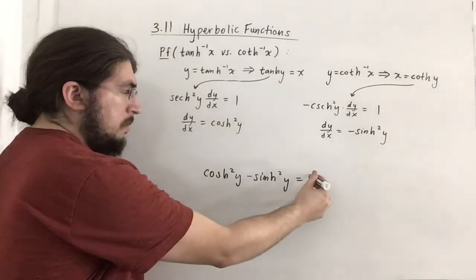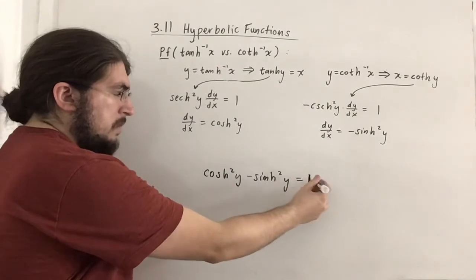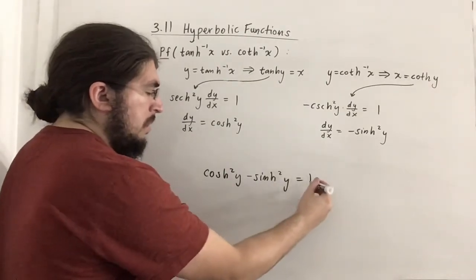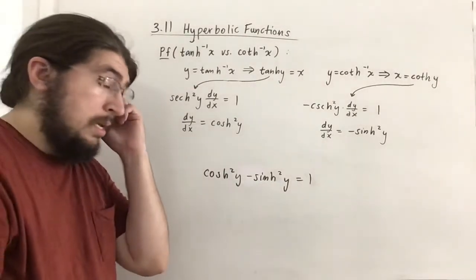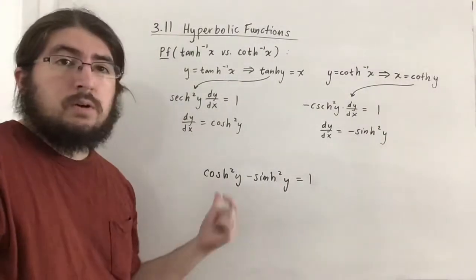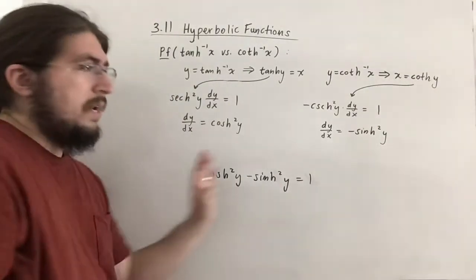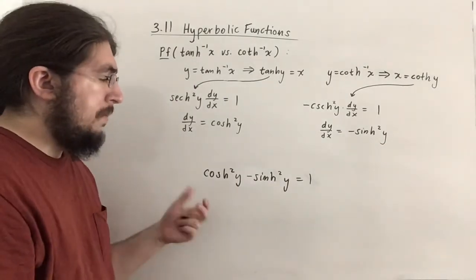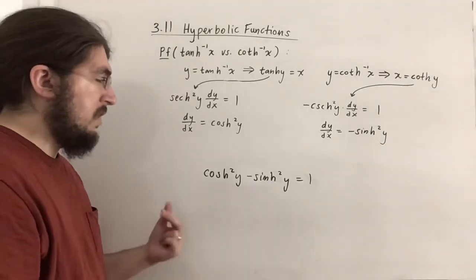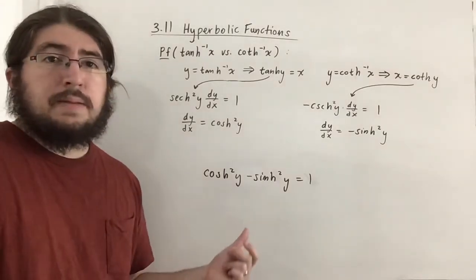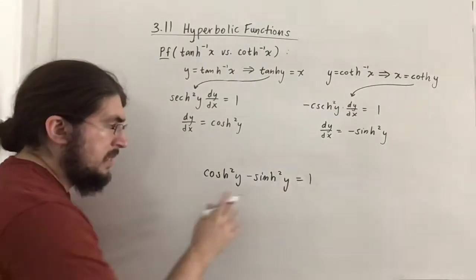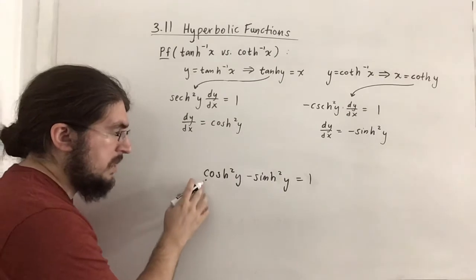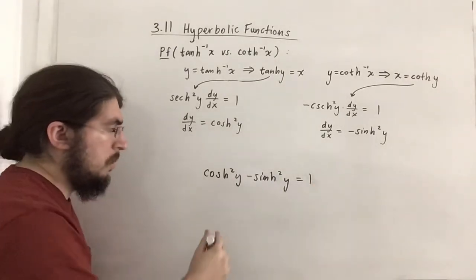What I'm about to show you is the same way I convinced myself that the other ones are true for the trig counterparts. I'll normally write sine squared plus cosine squared equals 1, and then divide through by either cosine squared or sine squared to get the other two equivalent Pythagorean identities for trig functions. For hyperbolic, it's the exact same thing. If we divide everything by sinh squared, for instance, we get cosh squared over sinh squared.